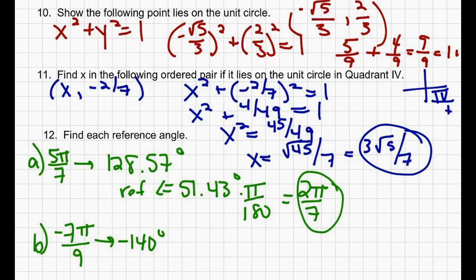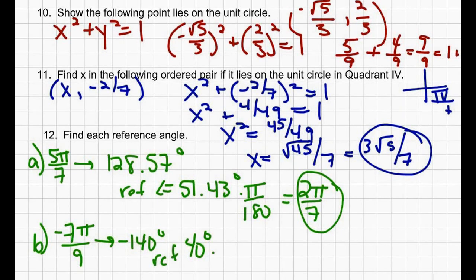That is in quadrant 3. Because negative angles, you start at your standard position and you go clockwise. Well, negative 140 is only 40 degrees from the x-axis. So the reference angle is 40 degrees.